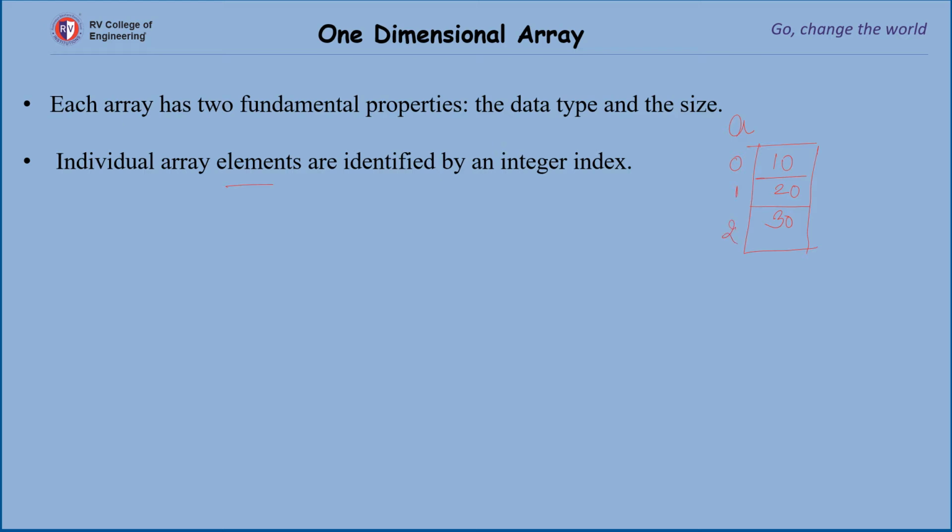So these are called elements. 10, 20 and 30 are called elements. 0, 1, 2, these are called index. This is called the name of an array. Sometimes elements are also synonymously called values. Index is also called subscript.